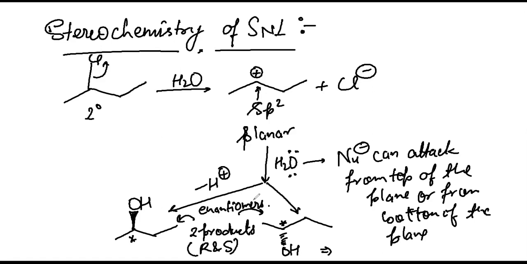So they are enantiomers. See, R and S. One will be R, so the other will be S. If you want, you can write the R and S also. So this is racemization going on. That implies racemization occurs. You don't write this last line.